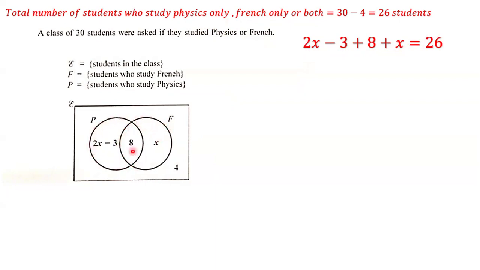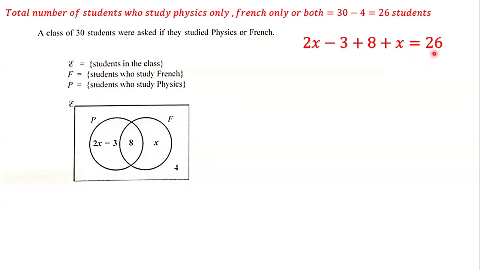The union of P and F is going to be equal to 26, because we took out the number of students who study neither physics nor French, and we were left with 26. And that makes sense. So this union right here, 2x minus 3, 8, and x, should be equal to 26.